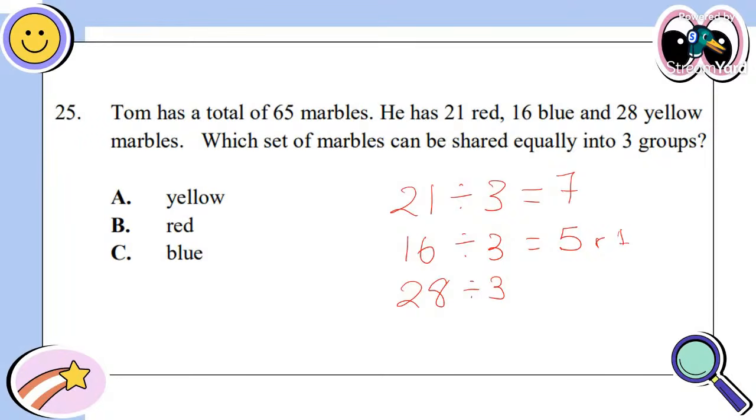Let me see your answers in the chat. 28 divided by 3 would be 9 with a remainder of 1. Very nice. So therefore, we will see that our correct answer is red because only 21, which represents red, can be divided by 3 equally. Good job, guys. Awesome work.